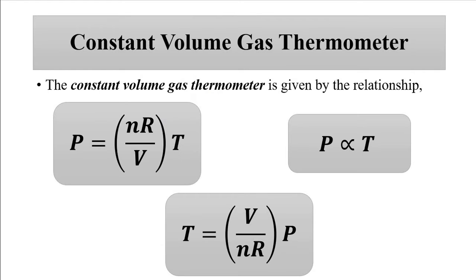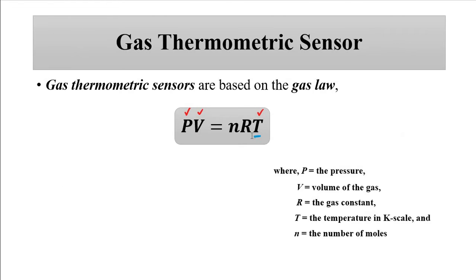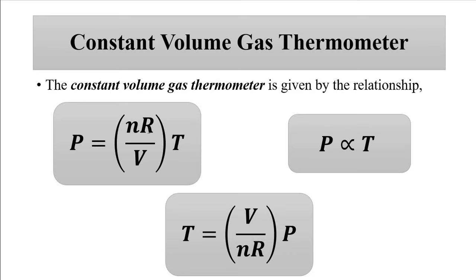The principle is something like this. We have the ideal gas law, PV = nRT. So P = (nR/V) × T, where n, the number of moles of gas, is constant, and the gas constant R is also a constant. It is a constant volume gas thermometer, so the volume is also constant. Together these three form one constant.